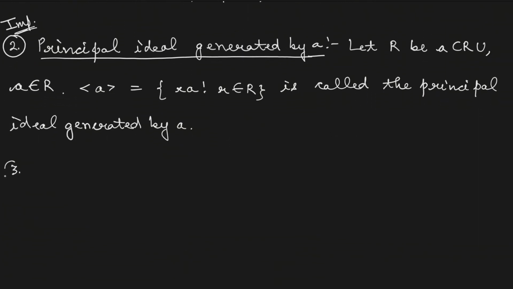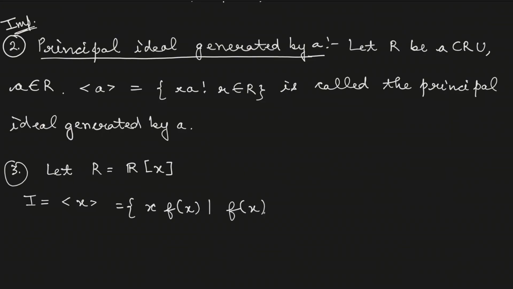Third, let ring R is equal to polynomial ring R[x], polynomials whose coefficients are from R. Ideal generated by x is equal to x f(x), where f(x) belongs to ring R[x].